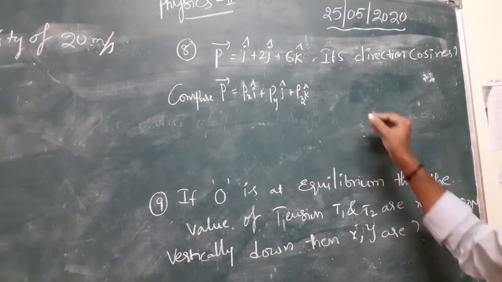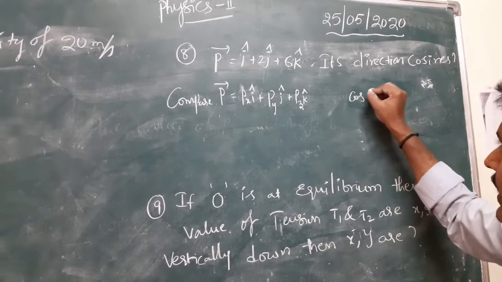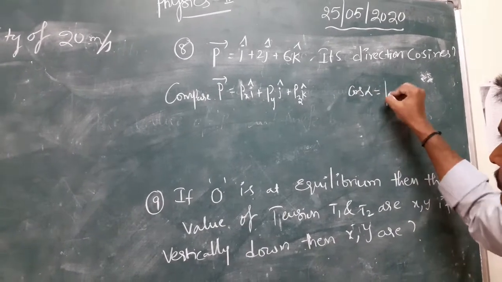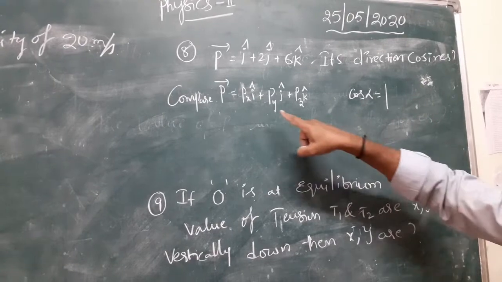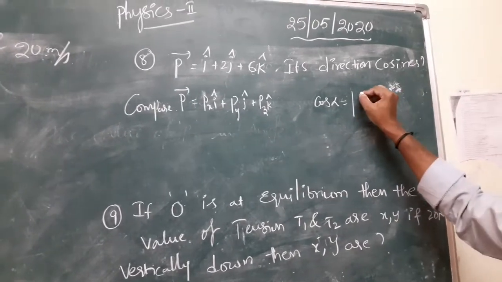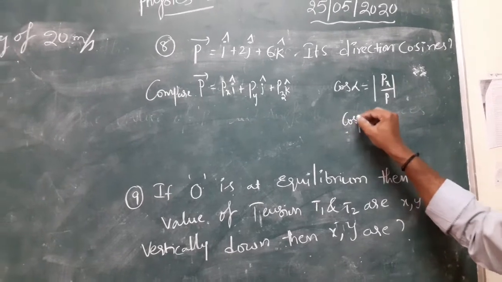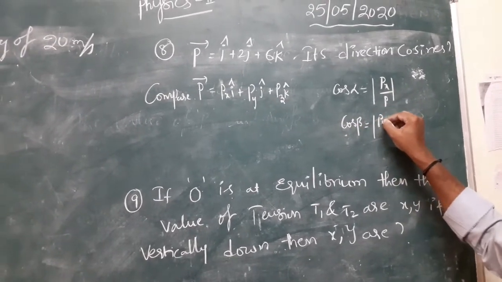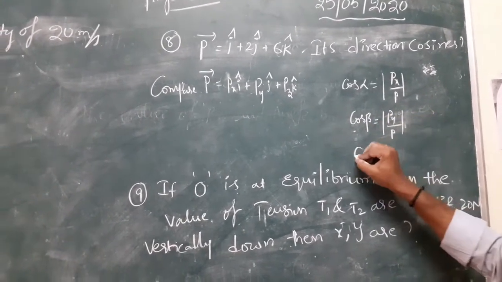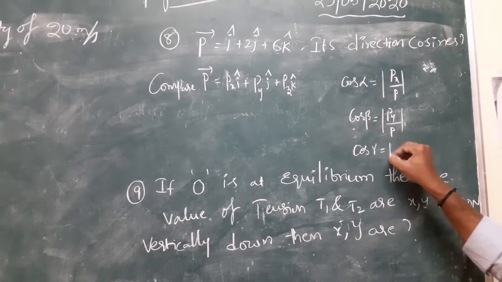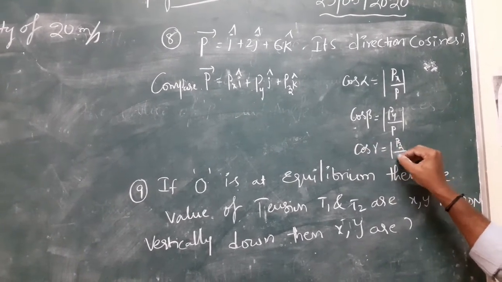So cos of alpha, the direction cosine, is equal to px by p. Then cos of beta is equal to py by p, and cos of gamma is equal to pz by p.